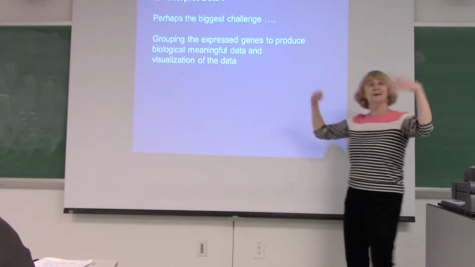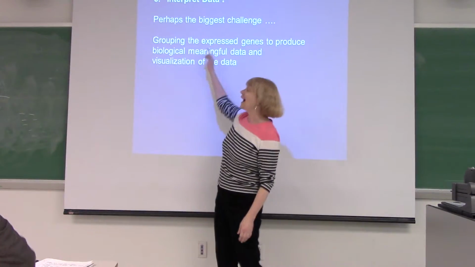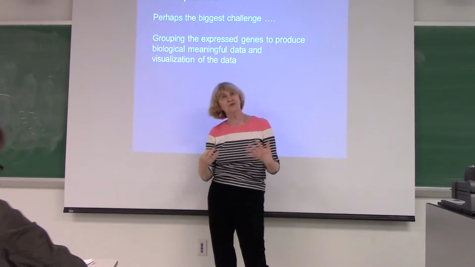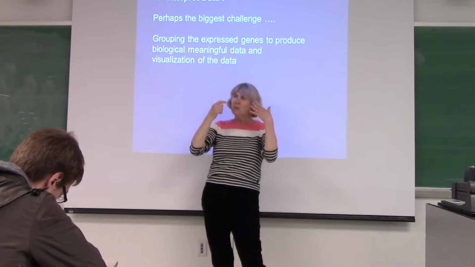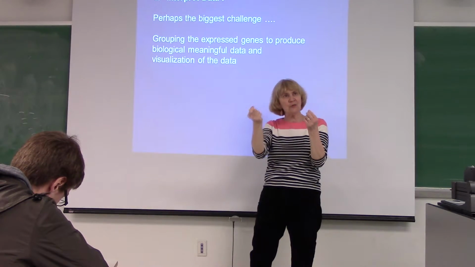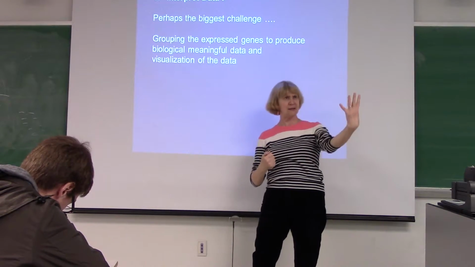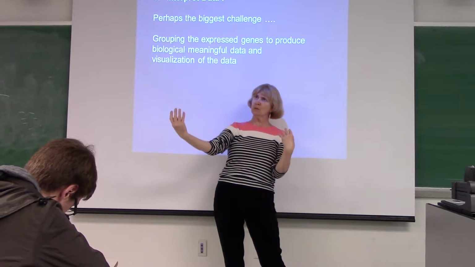Okay, that's all the easy part. How do you interpret the data? How do you make sense of it biologically? We want to know what is different, the pathways that are different. There's not going to be one gene that's different in a cancer cell compared to a normal cell.